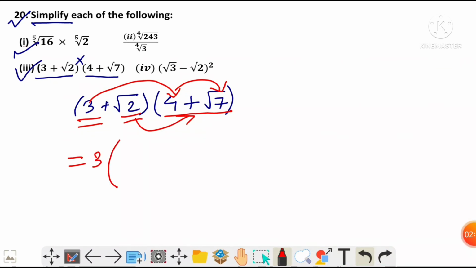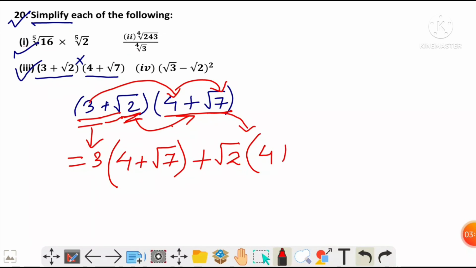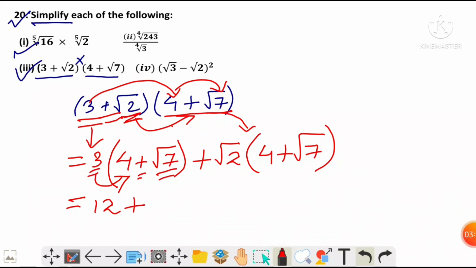So 3 into, we'll write 4 plus root 7 and plus root 2 into again 4 plus root 7. In this way it will become easier to multiply. So now 4 3s are 12 plus, now since it has a root 7 and 3 doesn't have root, we'll multiply the number with the number, that is outside the root there is 1.